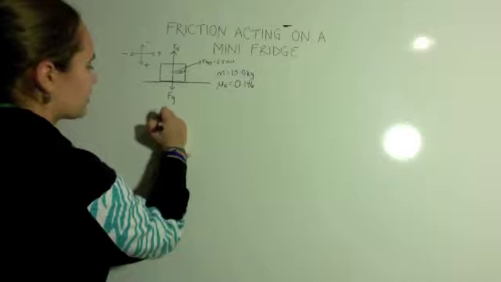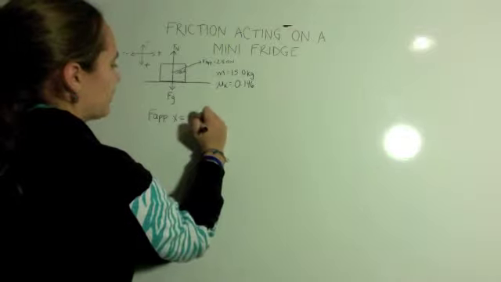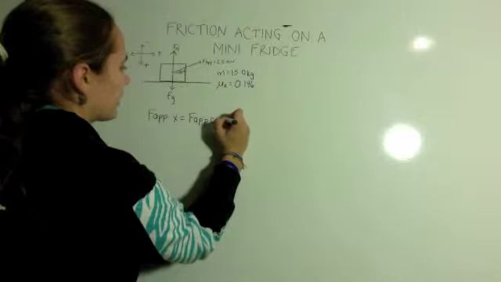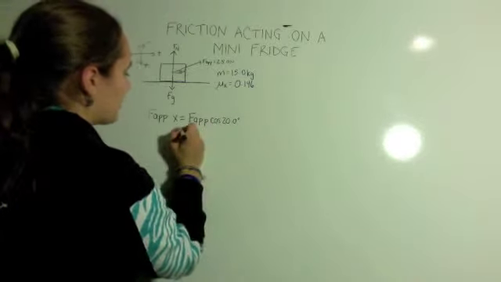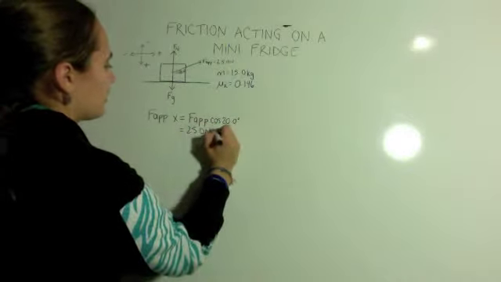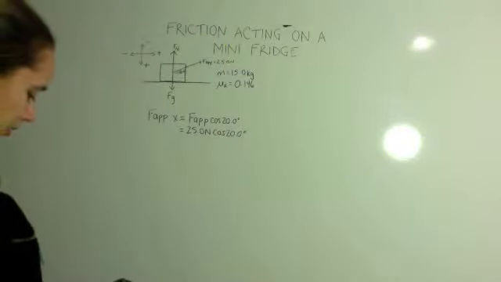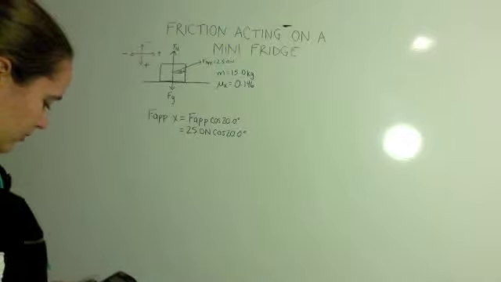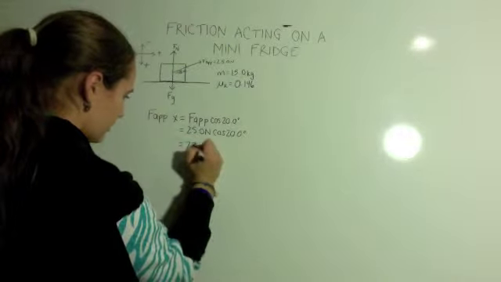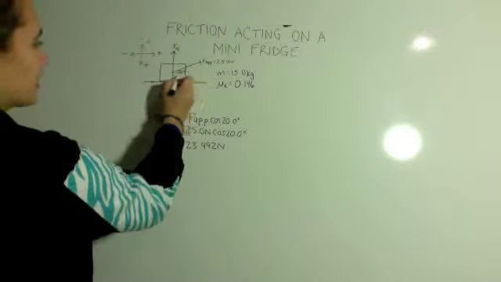So using trig ratios, we know that F applied x is going to be the F applied, which is the hypotenuse, times the cosine of 20.0 degrees, which is equal to 25 newtons times cosine of 20.0 degrees, which is equal to 23.492 newtons, and it's in the positive direction going this way, to the right.